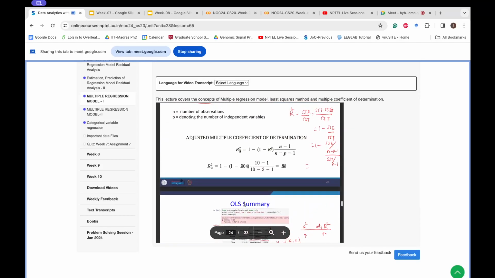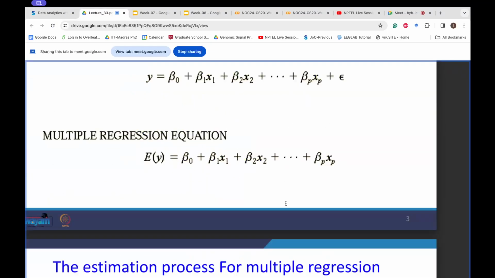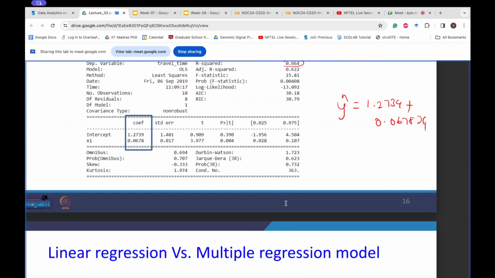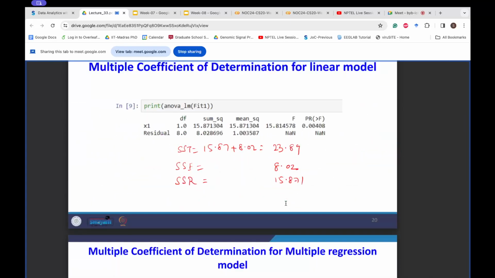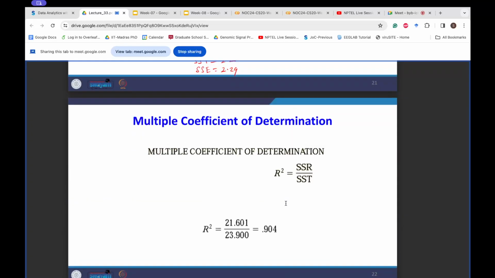Okay, here it is. Is it visible to everyone? So what was our r square? R square was SSR by SST.